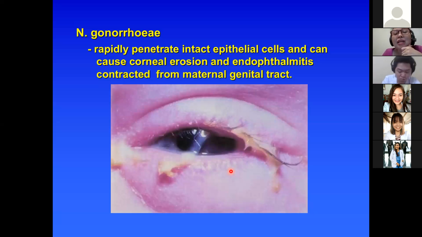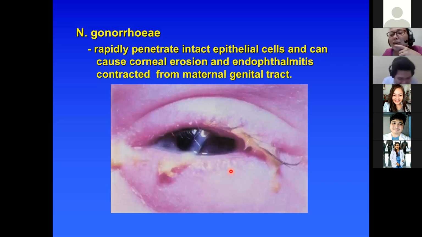Now, if the baby is positive for Neisseria gonorrhoeae, you also have to treat the mother and the father. Kasi saan man nakuha yan ng baby? From the mother. O saan man nakuha yan ng mother?